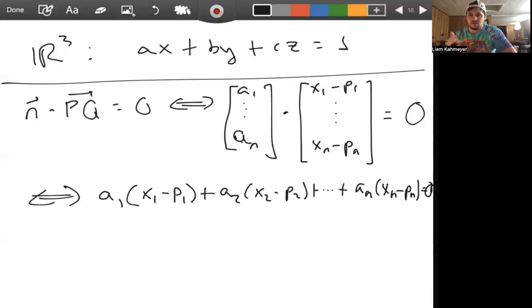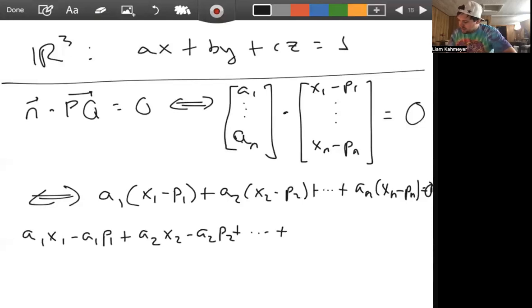Just doing some algebra here, by convention we put it in what we call the scalar equation for a plane. So if we distribute each term, we have a1x1 minus a1p1 plus a2x2 minus a2p2 plus blah, blah, blah, plus anxn minus anpn equals 0.